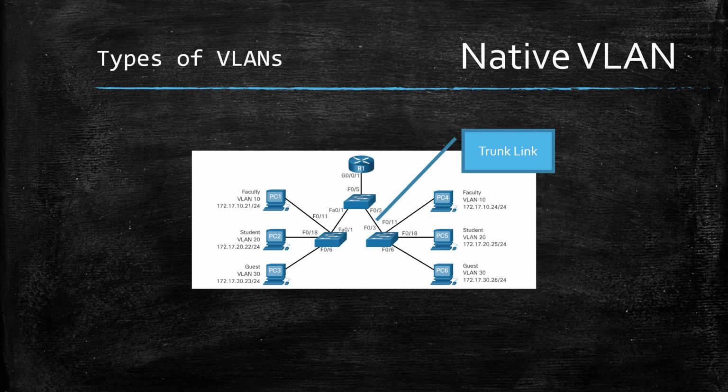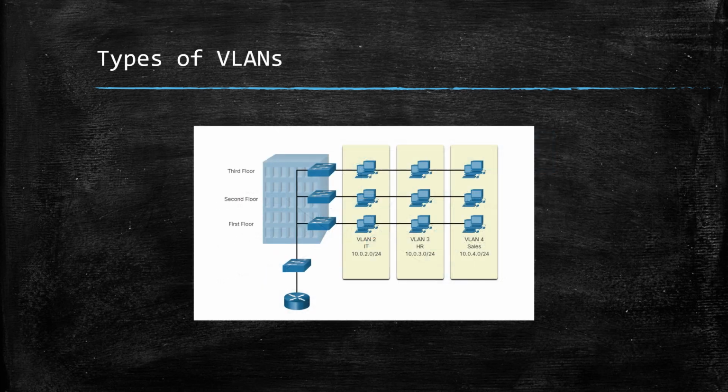Let's move to the next type. The next type of VLAN which we'll see is data VLAN. These are VLANs created by the network administrator to separate user-generated traffic.